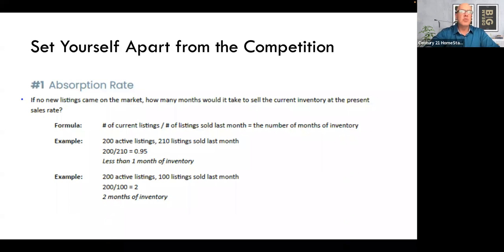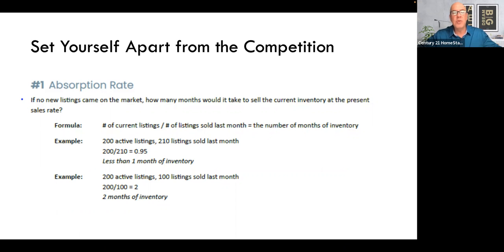So this absorption rate is a really attention getter, because if you're listening to this right now and you kind of don't really understand it, it took me a while years ago to go, okay, yeah, after going through it a few times, now I get it. But imagine going to a seller who's not in real estate and explaining this to them, and you're going toe to toe with another agent who has not brought this up.